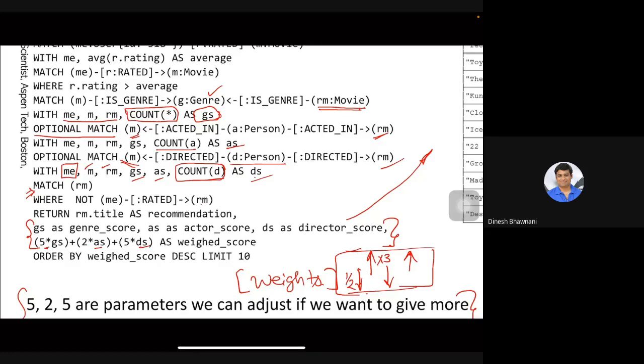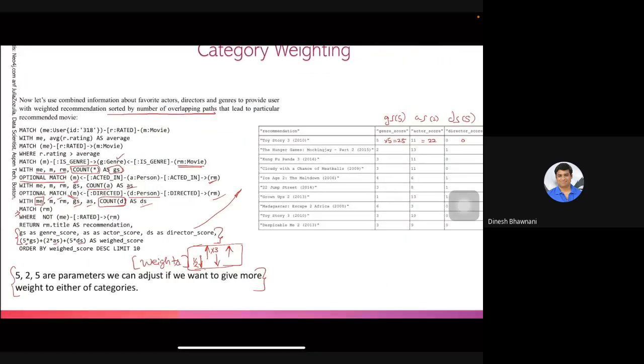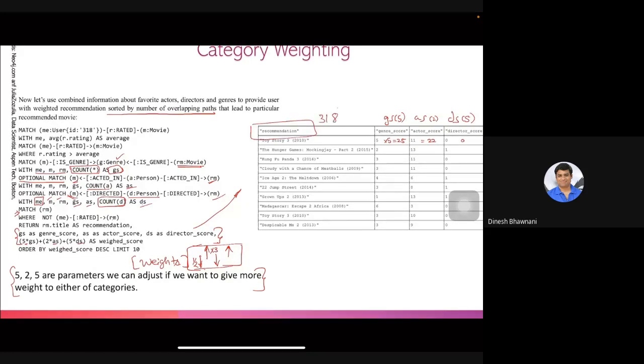Return RM title as recommendation. So these guys were not matched or liked by 318. If it is already liked, what is the point of recommending?